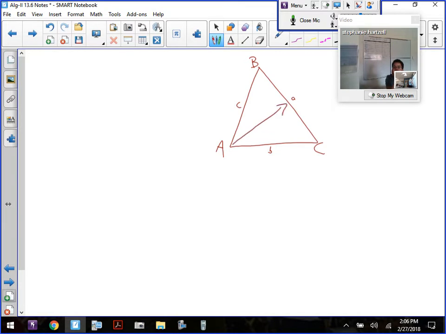You want to deal with angles and sides opposite still. So if I'm working with angle A and small a, the side a squared equals b squared plus c squared minus 2bc cosine of angle A. There's a lot there.